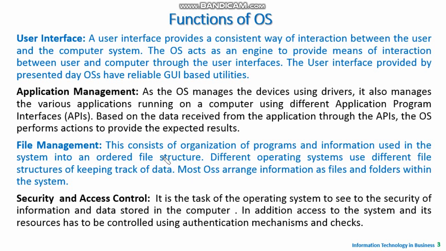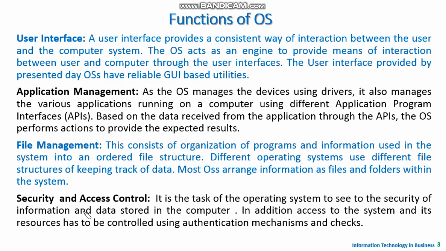Just like on your table, you need to arrange things according to different formats, different sections, and different requirements. The information on a computer also needs to be organized. So we need to have what is called an ordered file structure. Most computers use folders and files within the system. So information management is one function of the operating system.